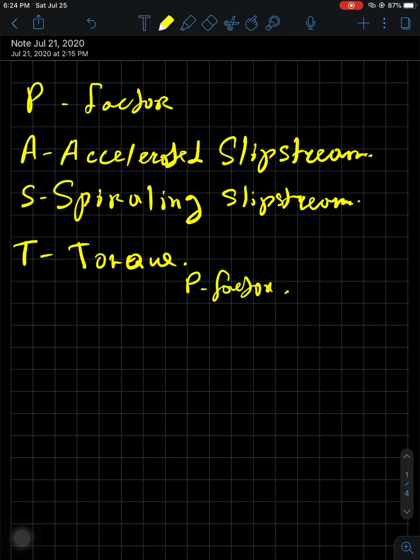The clockwise rotation of the props contributes to the following factors that cause the left engine to be critical. Those factors are P factor, accelerated slipstream, spiraling slipstream, and torque.